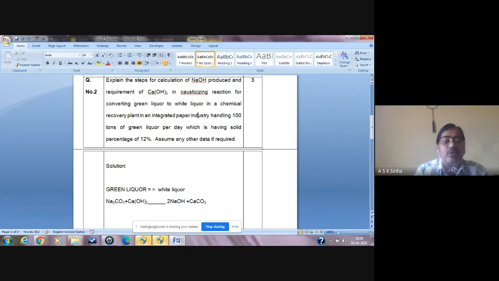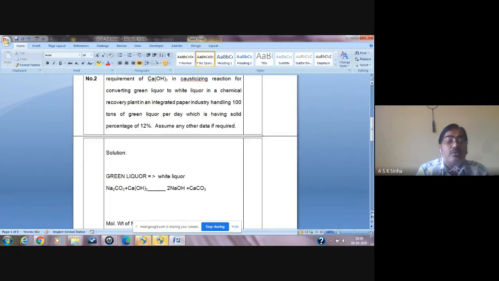Industry to industry, there are variations in the input parameters, so if the input parameters are different, the output parameters will also be different. But the brief is the same: we have to calculate the amount of NaOH produced and the requirement of calcium hydroxide in the causticizing reaction. You can see the solution here is in a stepwise manner.